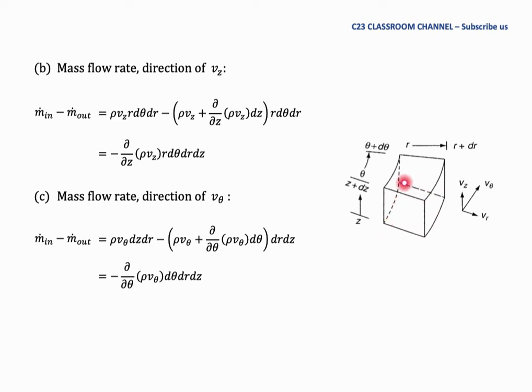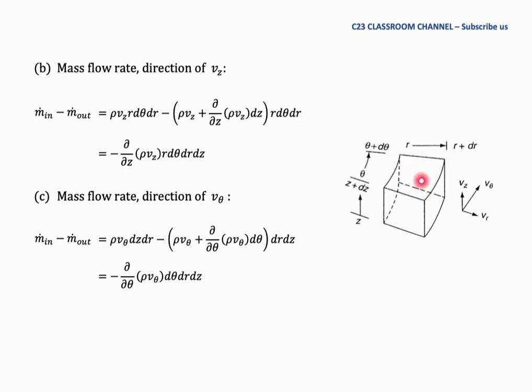Because this element is very small, it is okay to calculate the area using the equation for a square: we multiply this length by the other length to get the total area of the element. For the mass flow rate at the outlet, r d theta dr again remains the cross-sectional area at the outlet.